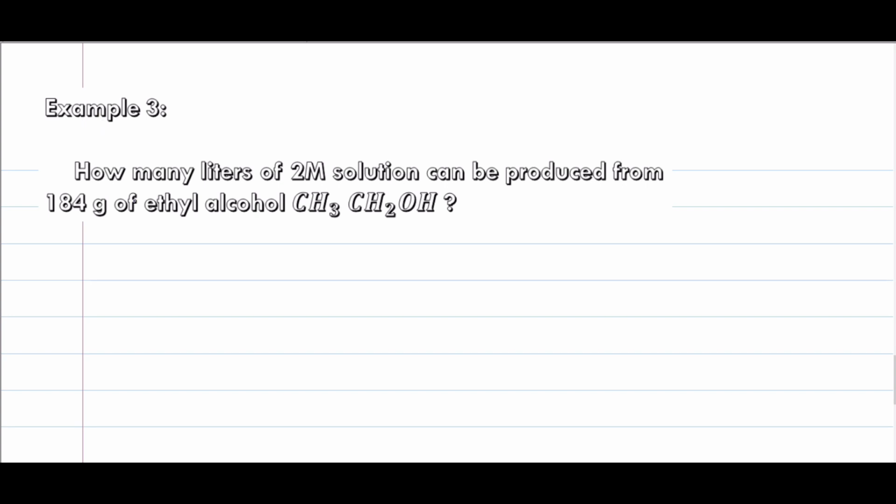Another example: how many liters of a 2 M solution can be produced from 184 grams of ethyl alcohol? This is the chemical formula: CH3CH2OH. Again, we find the atomic mass.